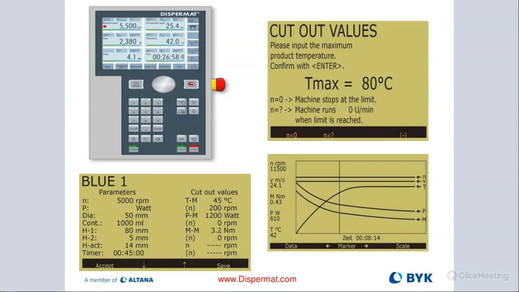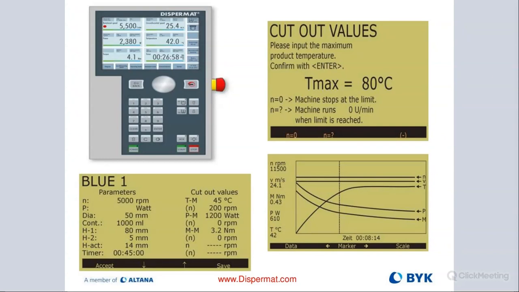We would also have the actual tip speed displayed, which is really nice. You don't have to calculate it. Then the temperature, very important to always know, hey, how hot is it getting? What's happening? Am I cooling sufficiently? So that's very, very important, to always have a temperature readout on your panel, especially when you're milling.